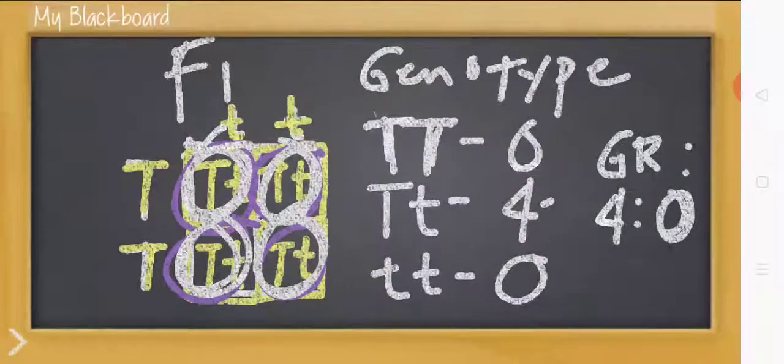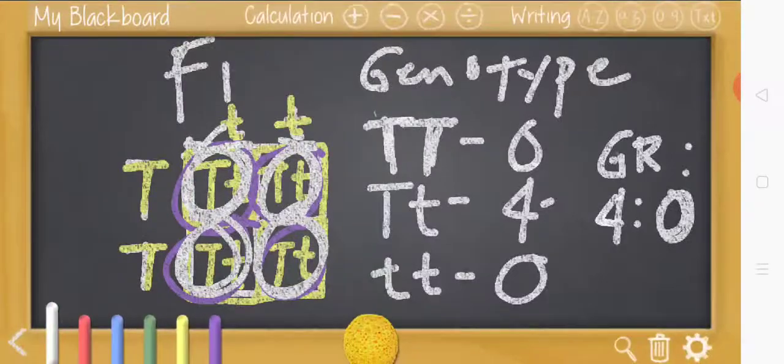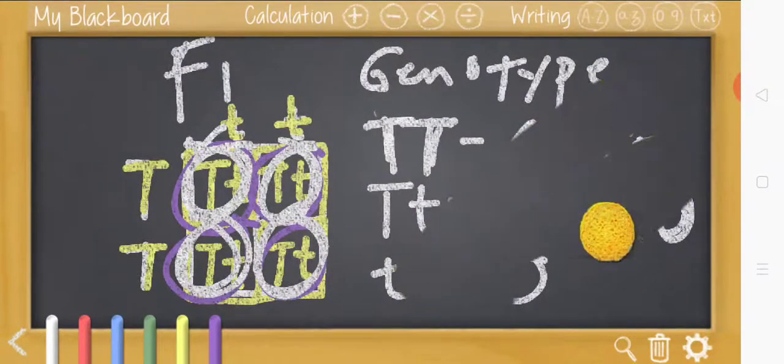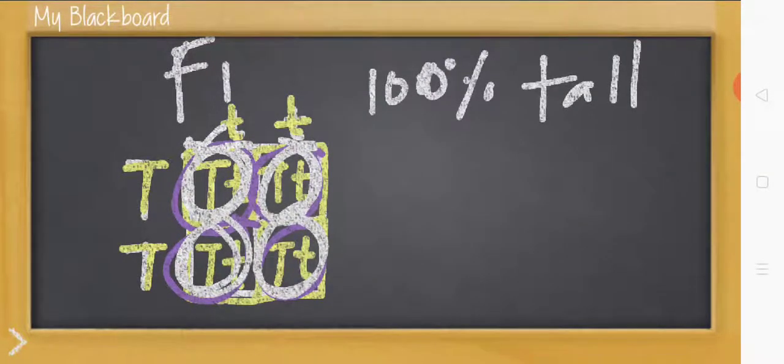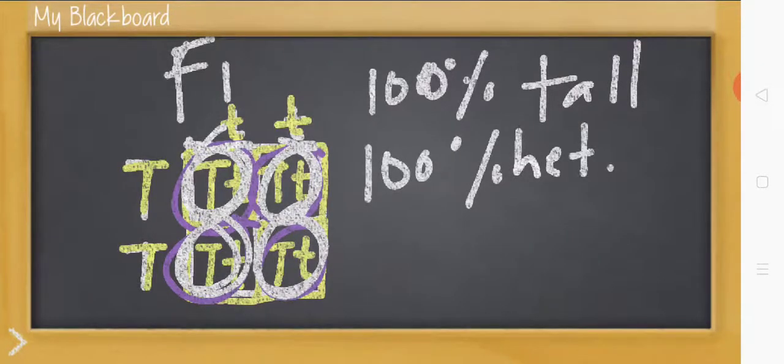Okay? So, now, tingnan natin yung mga percentage nila. Okay? So, in terms of the phenotype, sa phenotype natin, we have 100% tall, and in terms of the genotype, we have 100% na heterozygous tall or heterozygous dominant.